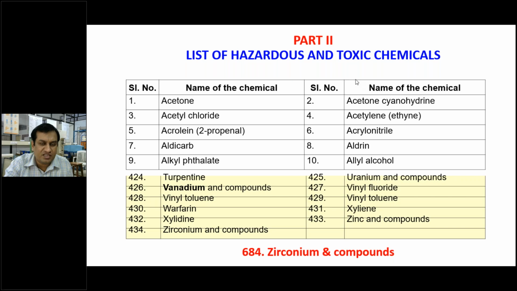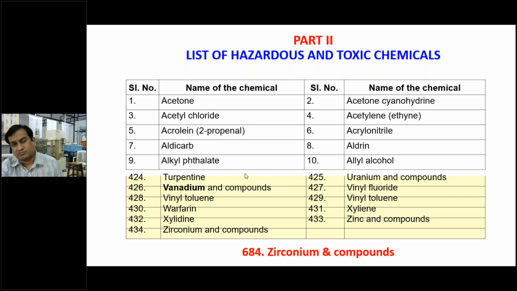In this part 2 of schedule 1, there are 684 chemicals listed as hazardous and toxic chemicals, so it is not possible to discuss each and every chemical. That is why I have mentioned serial numbers 1 to 10, then 424 to 434, because after this 434 there is an amendment, and after the amendment the list goes up to 684.